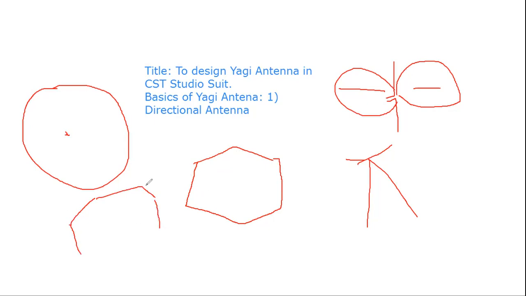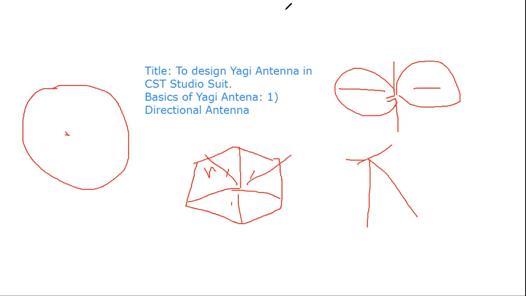If you divide this, they cover 120 degrees, so we use one directional antenna in this region, one directional antenna in this region, and one in this region.